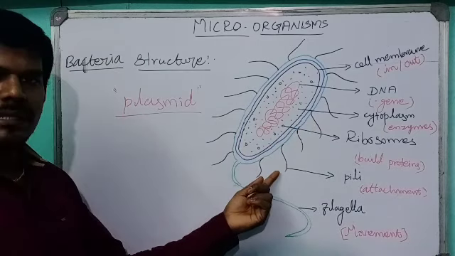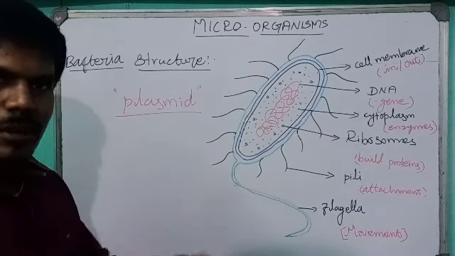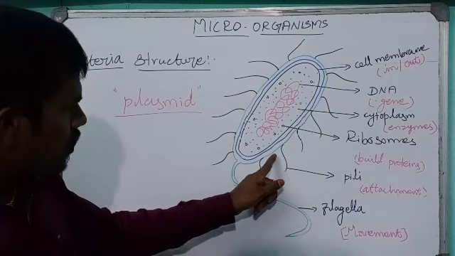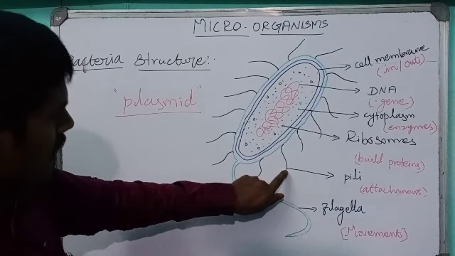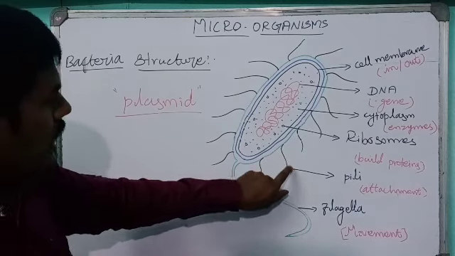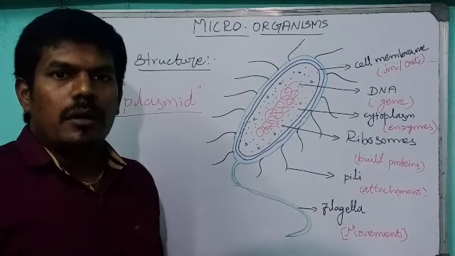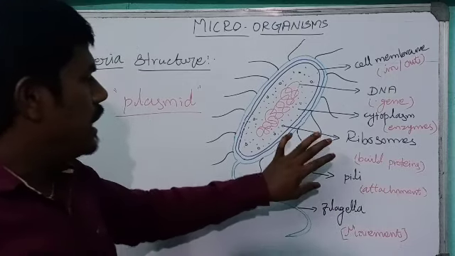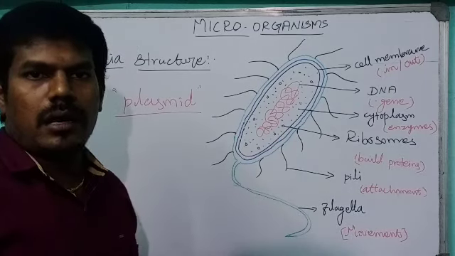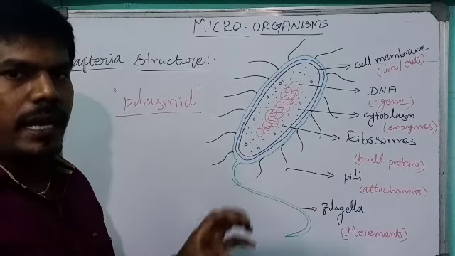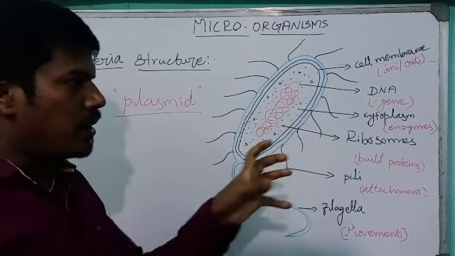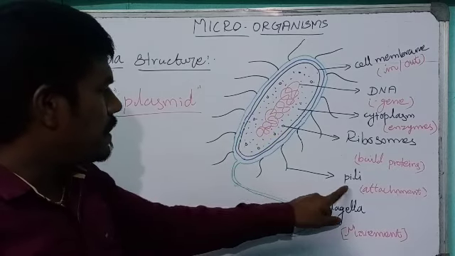And then there are some thread-like structures present on the outer surface. These thread-like structures are called pili. Pili are utilized for attachment. Where the organism wants to attach to any place, pili are used. They give a rigid hold so the organism attaches easily. That is the purpose of pili.